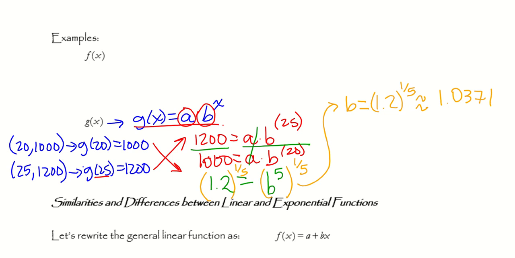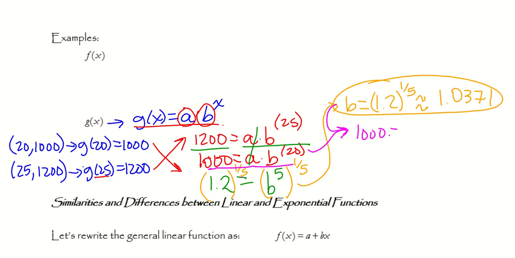So I found b. There's my b. I still need my a. So now I'm going to take one of my equations along with my value of b, and I'm going to substitute my value of b. So this equation says 1000 equals a times b, and I'm actually going to use my exact value here.